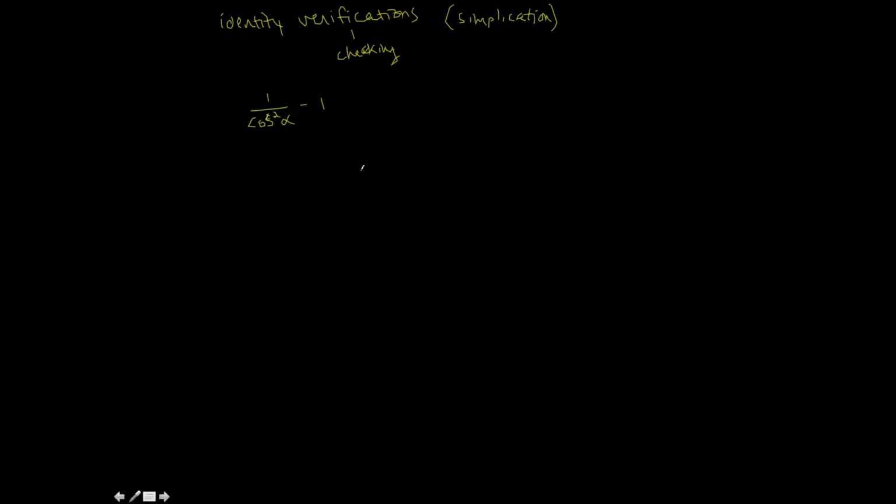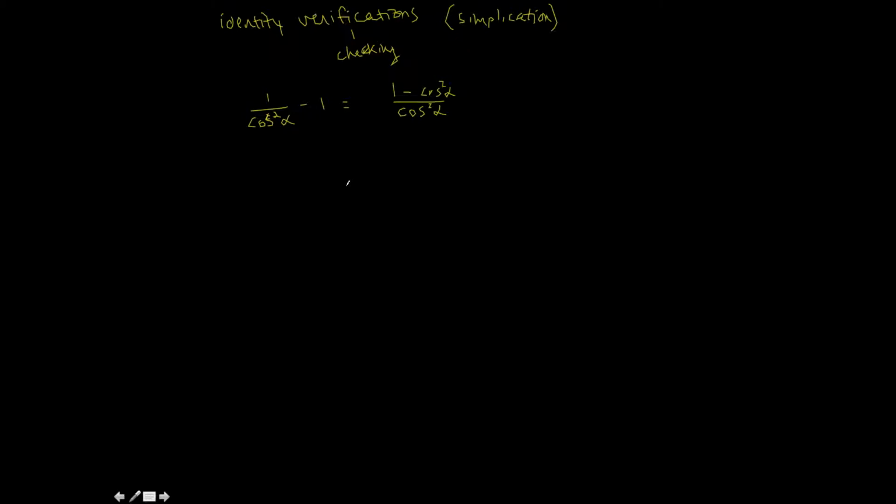Okay, well I do, but we're going to go a different route first. So let's get a common denominator. Okay, so the common denominator would obviously be cosine squared alpha, and so this would be a 1 minus cosine squared alpha once you got the common denominator and combined it into one fraction.